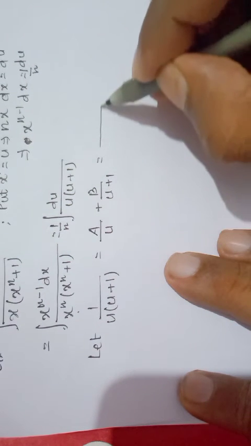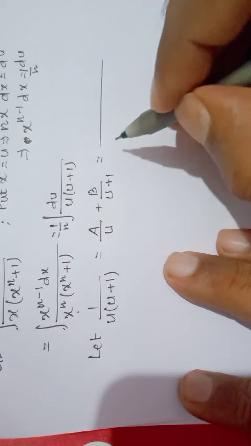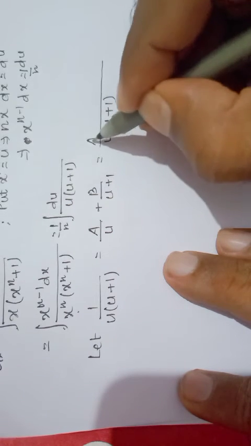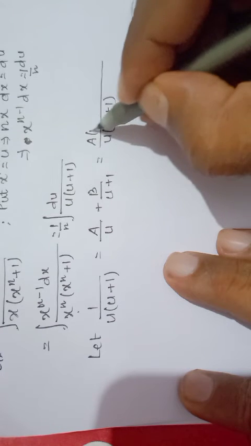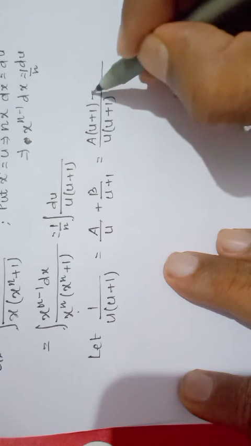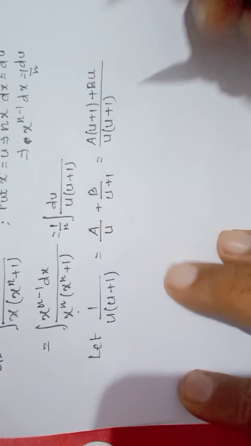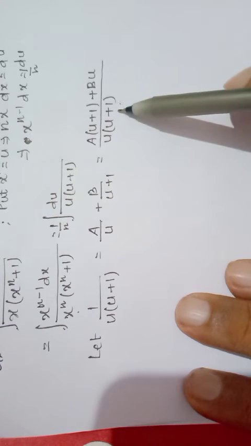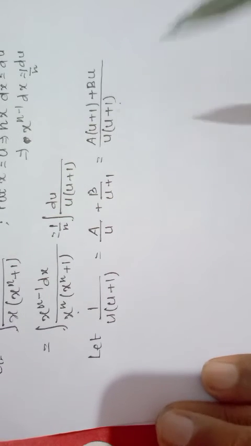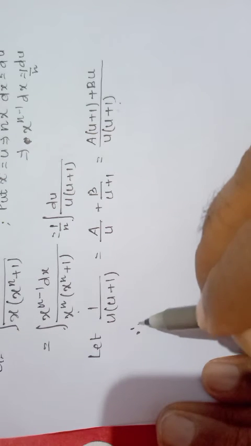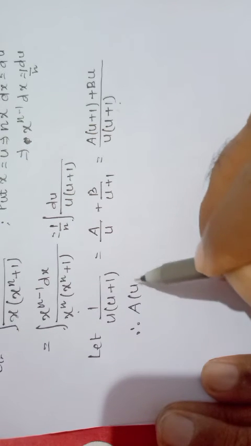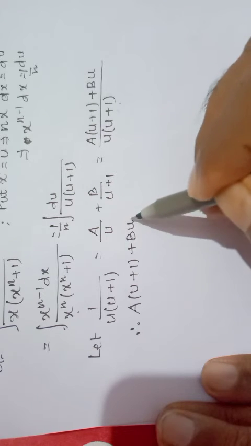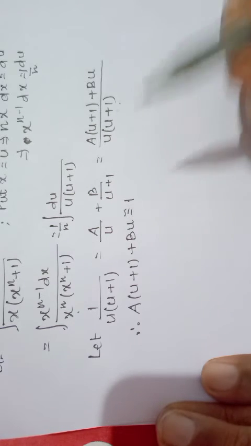So its LCM is u into u plus 1, a into u plus 1 plus bu. As their denominators are same, so compare their numerators, it should also be equal. Therefore, a into u plus 1 plus bu should be equivalent to 1.